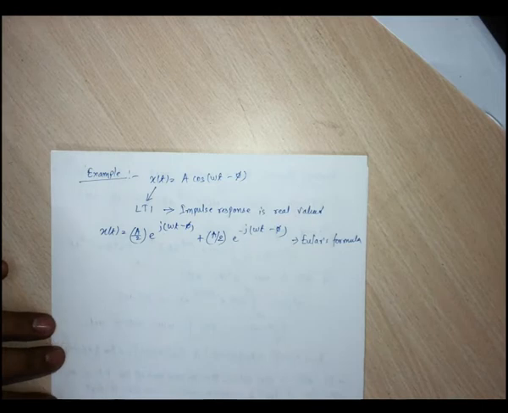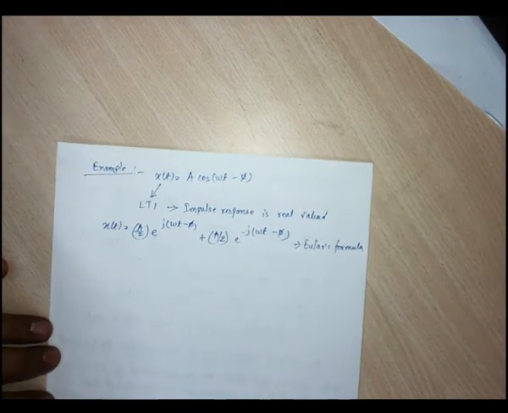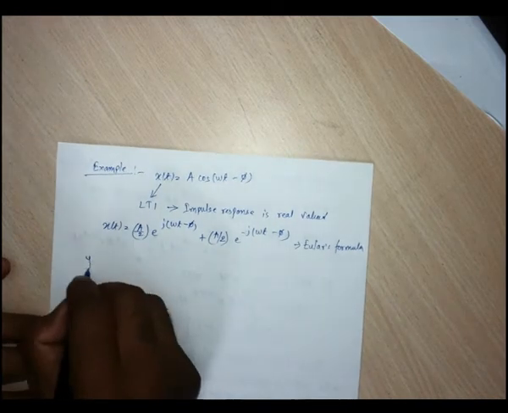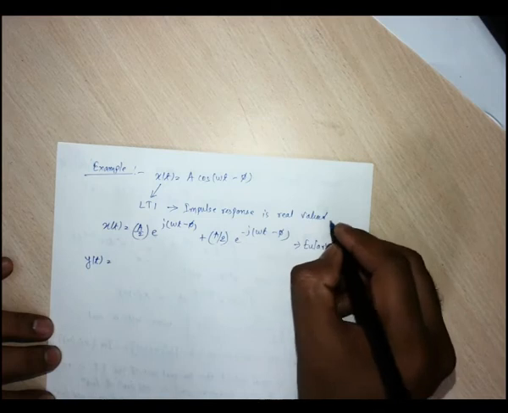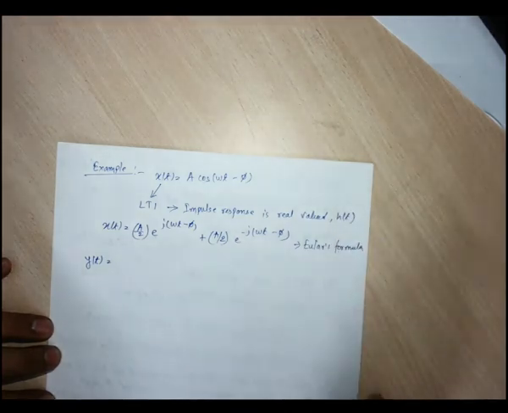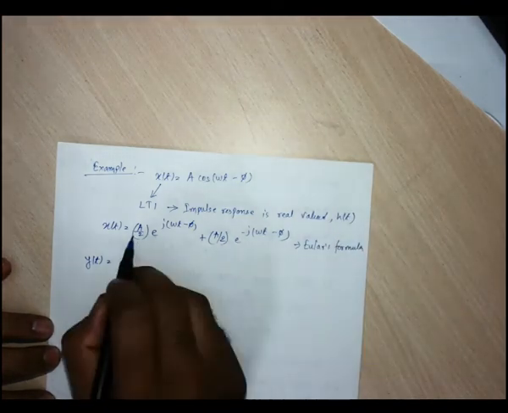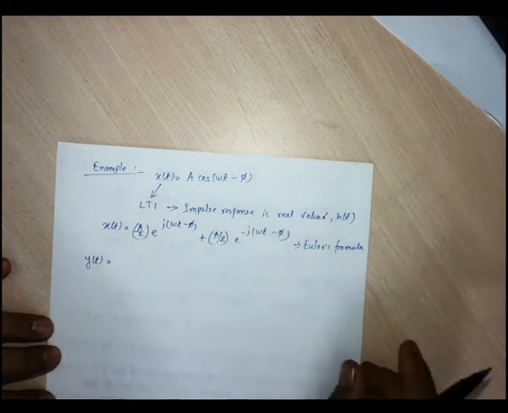Now what will be the output y(t) of this LTI system? It is simply the multiplication of the Fourier transform of the impulse response h(t), which is real-valued, with the response of the Fourier transform of x(t).